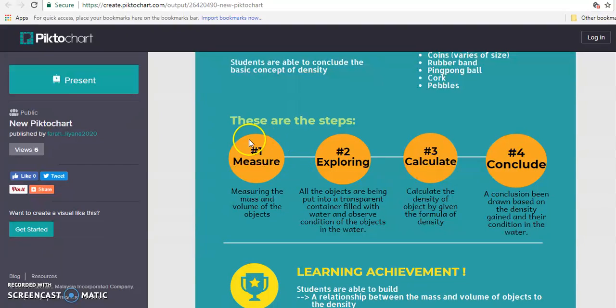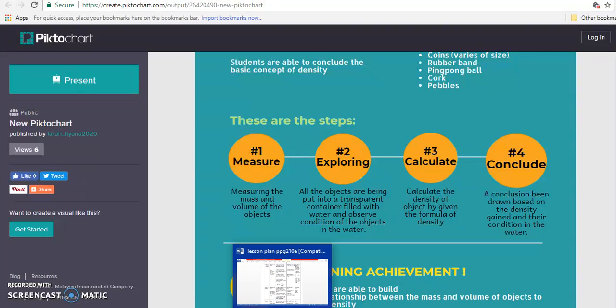And then there are 4 main steps in this experiment. While they are doing the experiment, they can also play among themselves. We let them choose what they want, but of course we need to observe them well. So the first step is measuring mass and volume of the object. Why is this important?